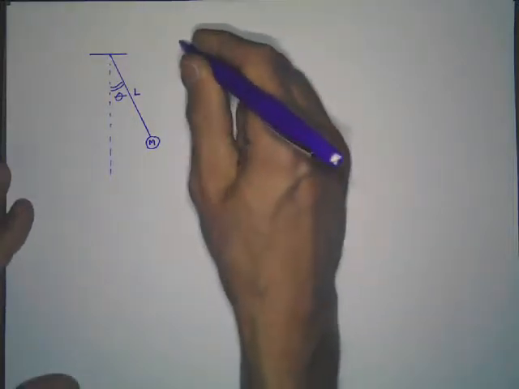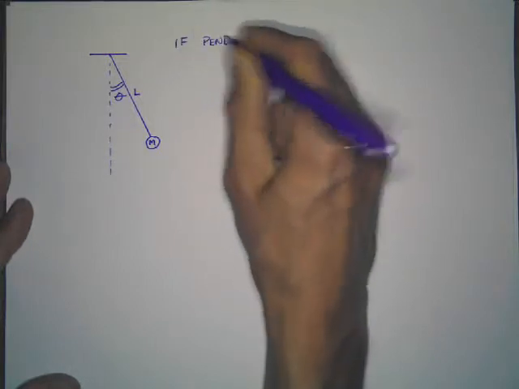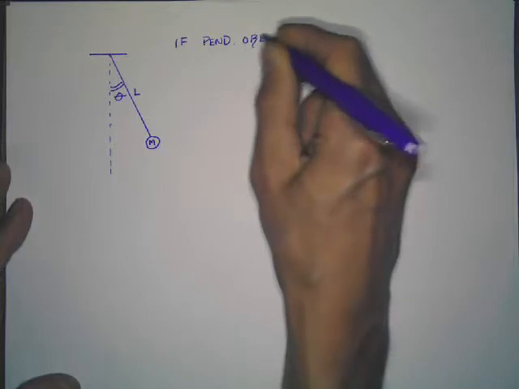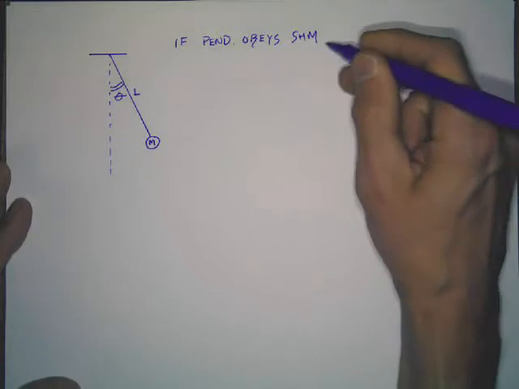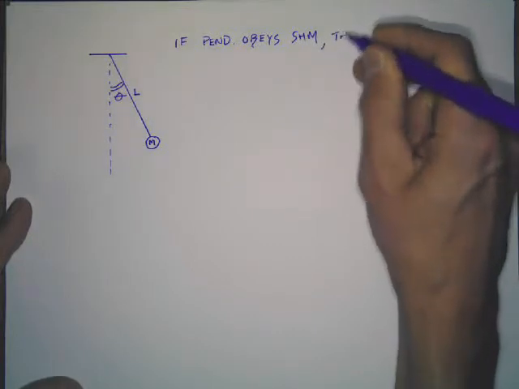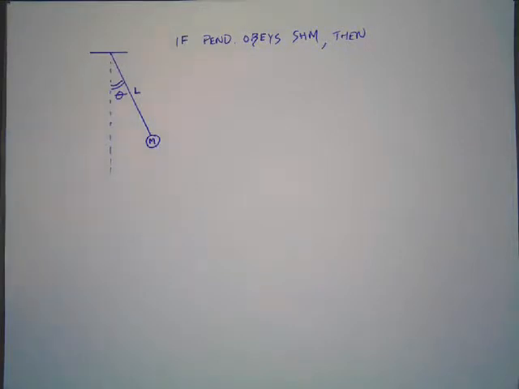So I guess we could say that if the pendulum obeys simple harmonic motion, then there should be some type of a restoring force on that mass, and that restoring force should follow Hooke's law.